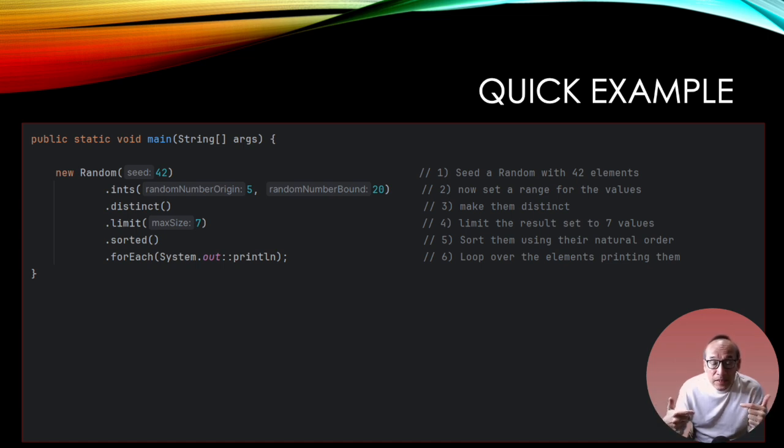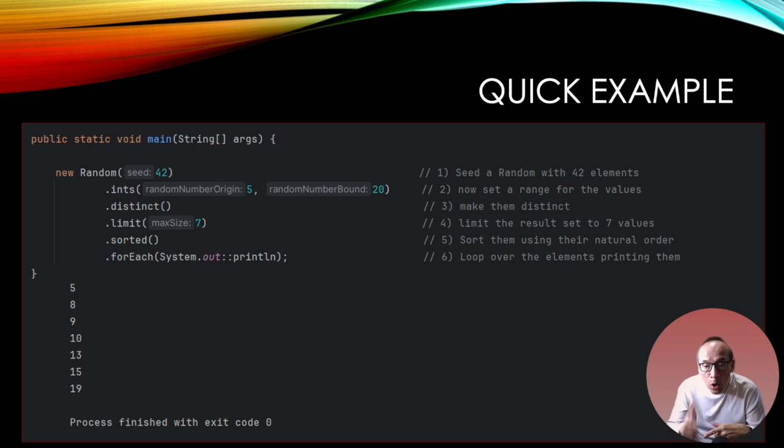Then we're going to get the distinct list from that set of random numbers. We're going to get no more than 7, and then we're going to sort them. Numbers and primitives don't need a special algorithm for sorting. And then, as the terminal operator, we're going to loop through each one and print it out.